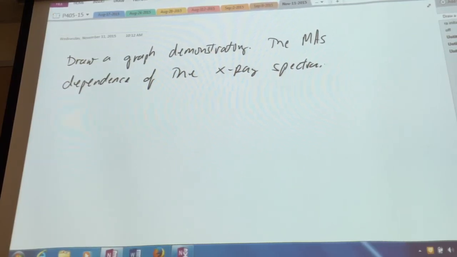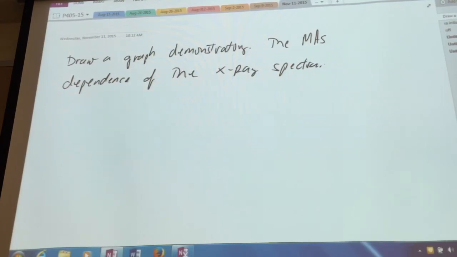Without looking at your notes. What is the MAS dependence of the X-ray spectra? Let's see. MAS relates to what? The number of photons. It's related to the number of photons.